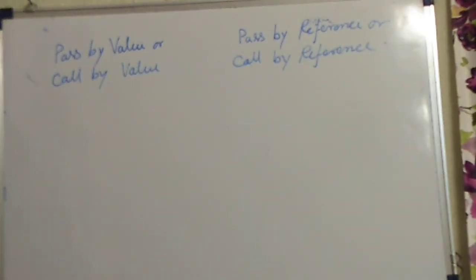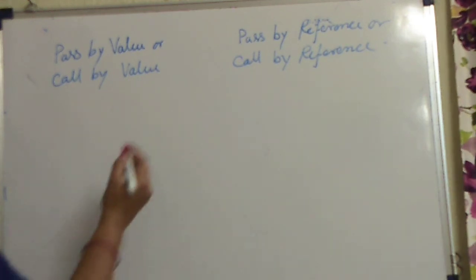Now let us see what happened. In call by value or pass by value, a copy of the actual argument is passed to the formal argument.